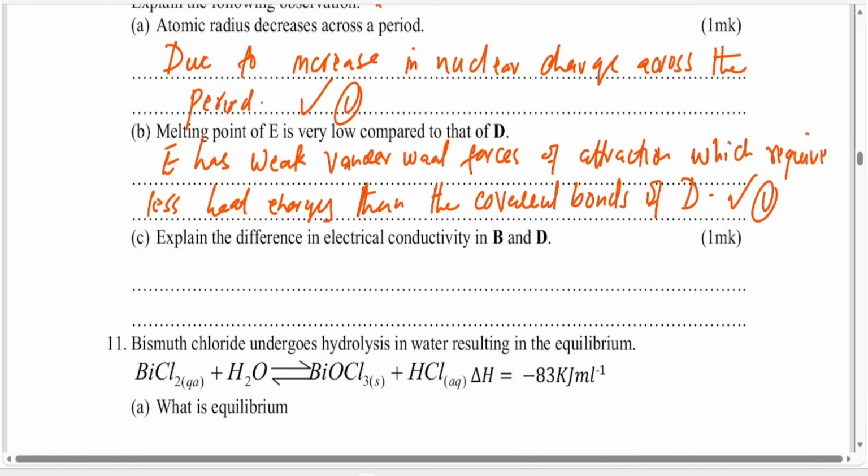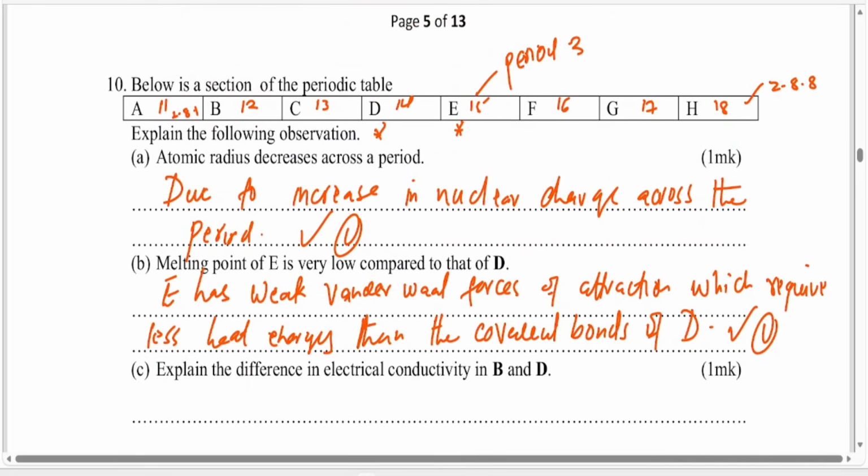Part C of this question, explain the difference in electrical conductivity in B and D. Looking at B and D, B probably is magnesium, and D on the other side is silicon.